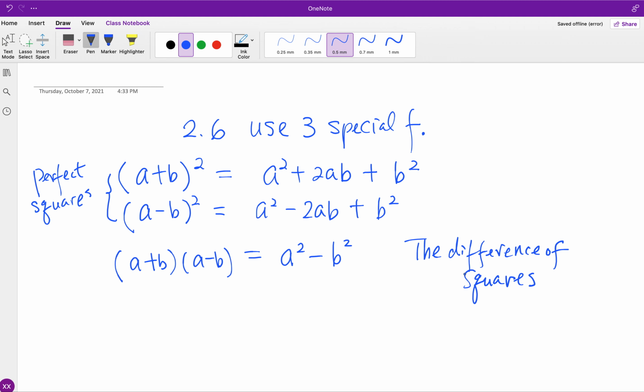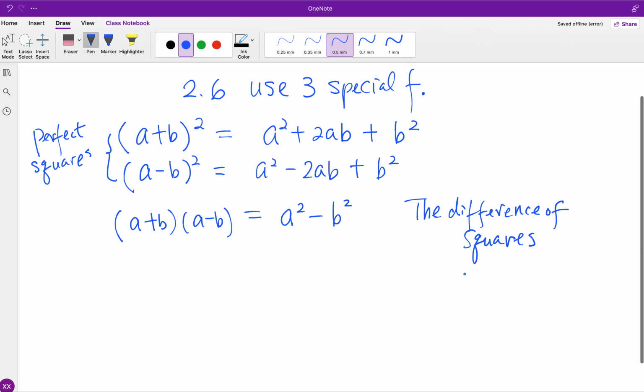So now, for example, if I have a question that is x squared plus 8x plus 16. We want to notice that my first term is a perfect square.